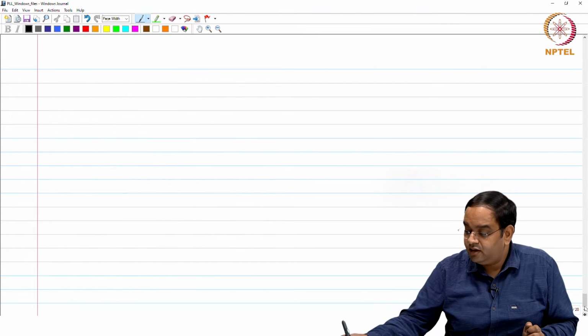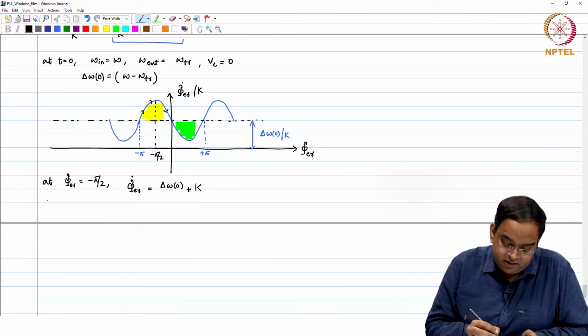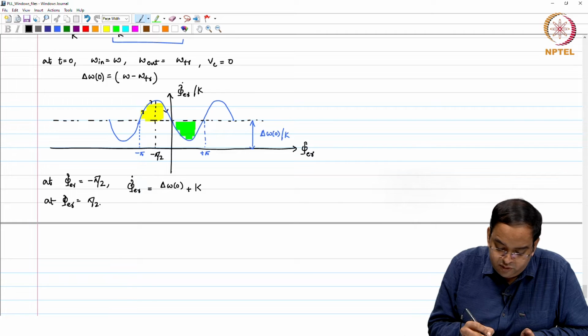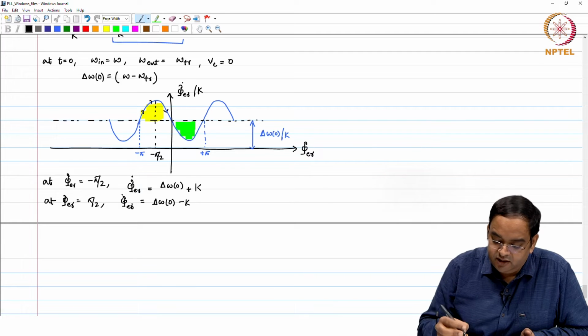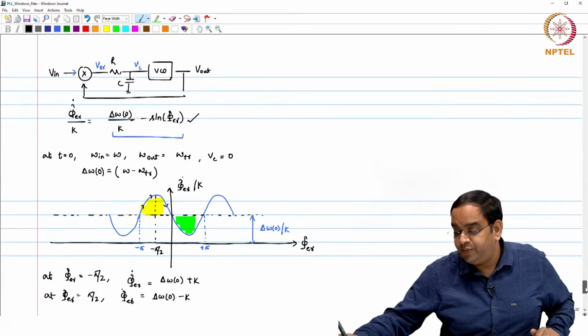Okay. Similarly, at phase error equal to pi by 2, you will have the rate of change of phase error as delta omega 0 minus k. It should be noted here that k is a positive value.